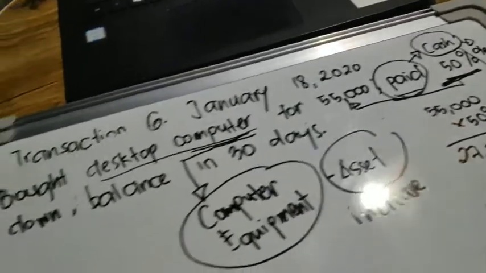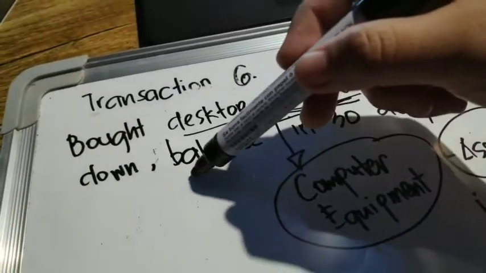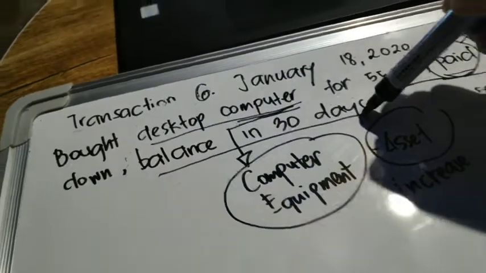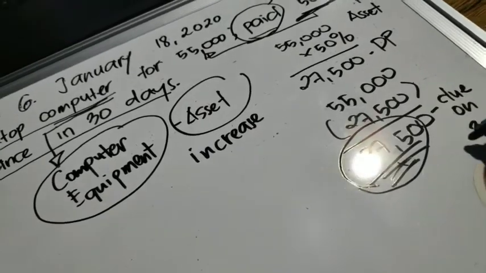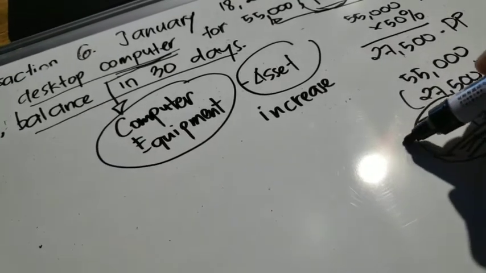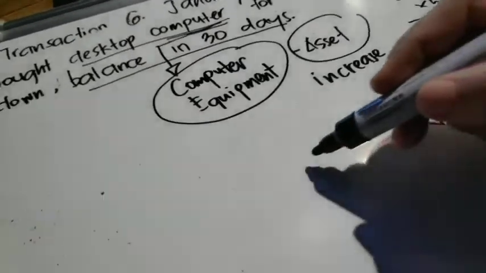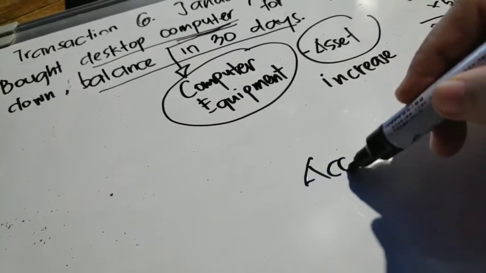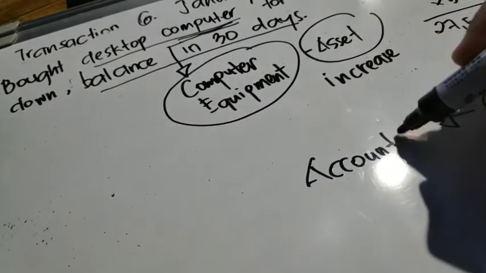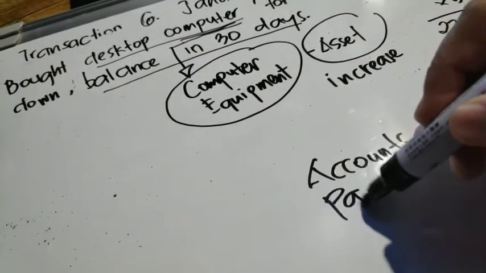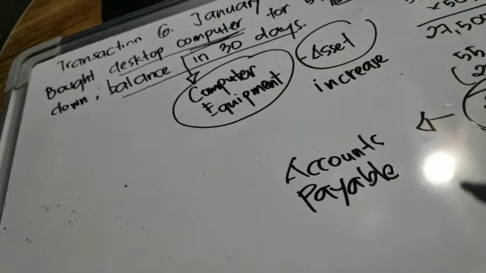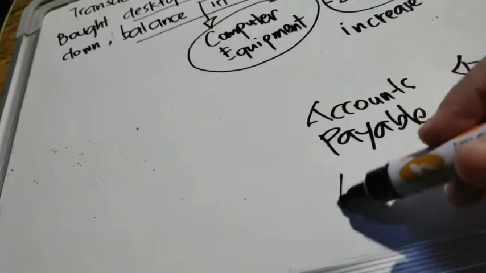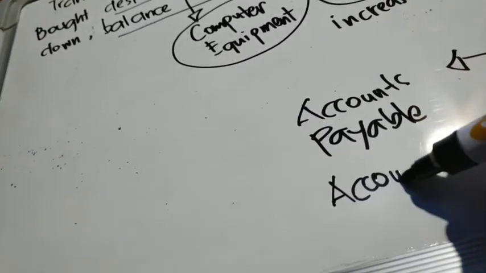Okay, now, in the problem, you have a balance due on 30 days. So, this is the 27,500. So, this balance is what we call accounts payable. Okay, if you remember, on the last video that we've discussed, we've already discussed the accounts receivable, right?